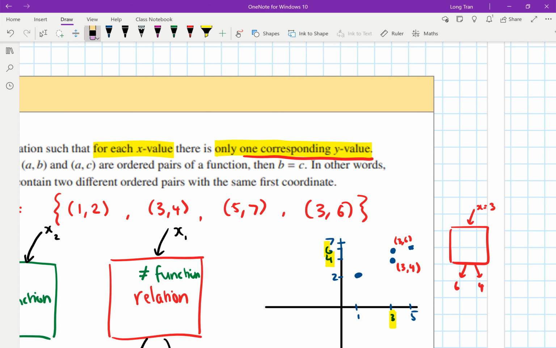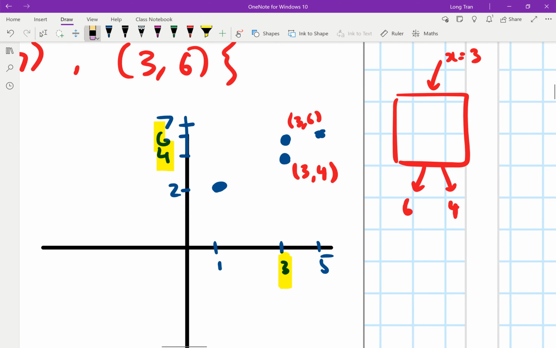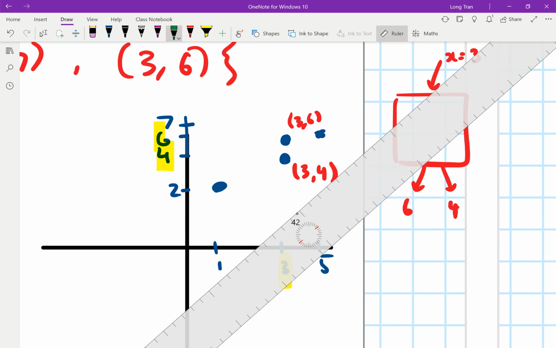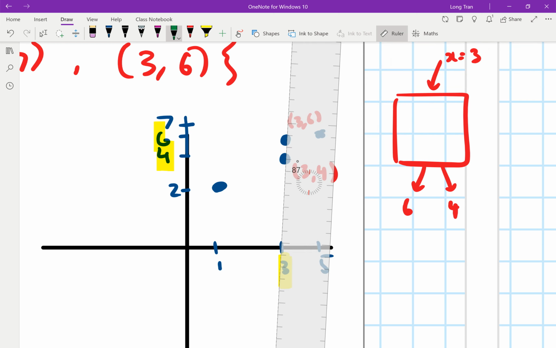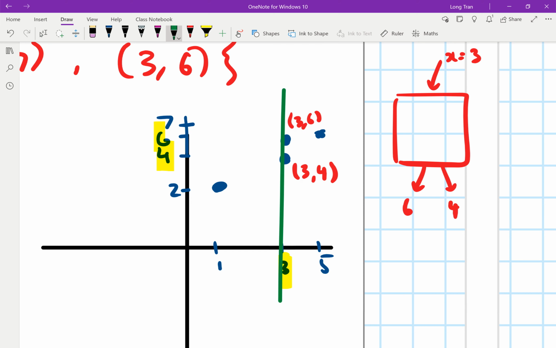If that's confusing to visualize, they do teach a technique. Another way to think of it is if you draw a vertical line down through these coordinates and it intersects twice, then that means it is not a function. This is what we call the vertical line test.